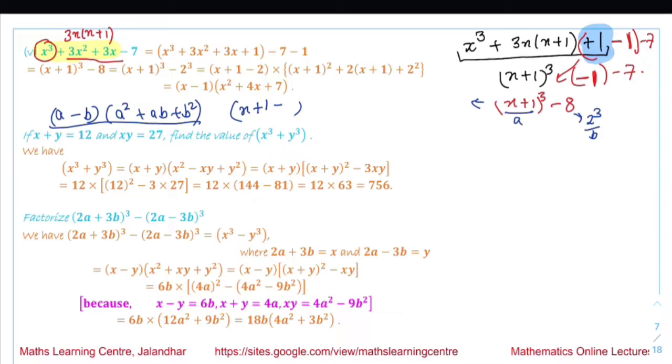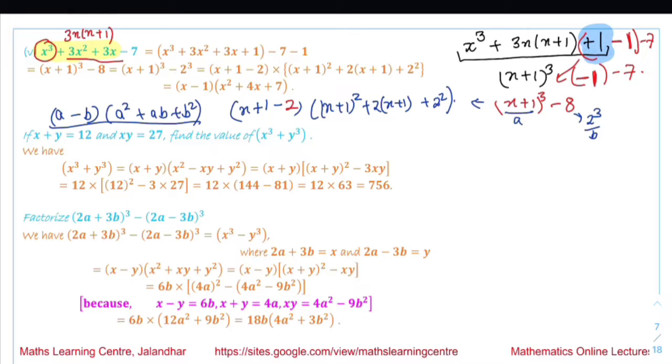It is not 8 over here, it is minus 2. Then in the next bracket it is (x plus 1) square, (x plus 1) into 2 plus 2 square.